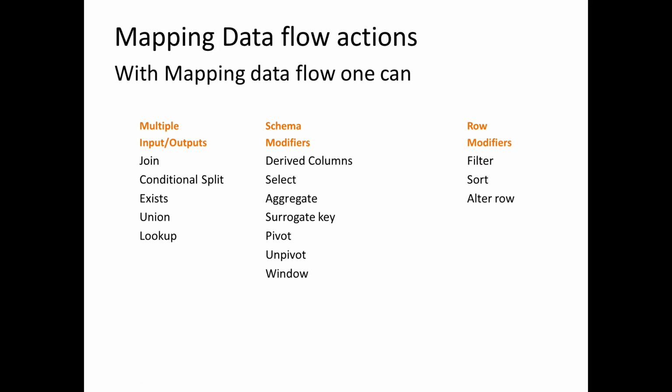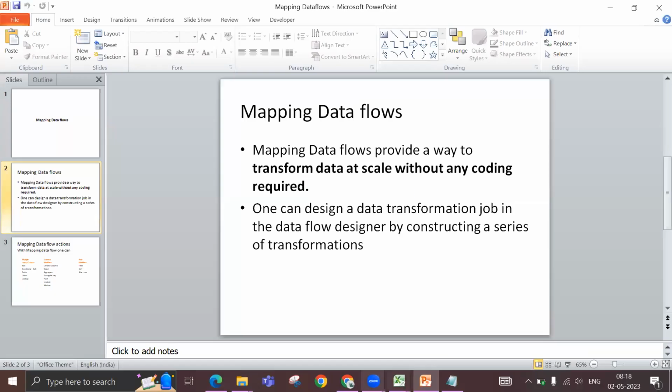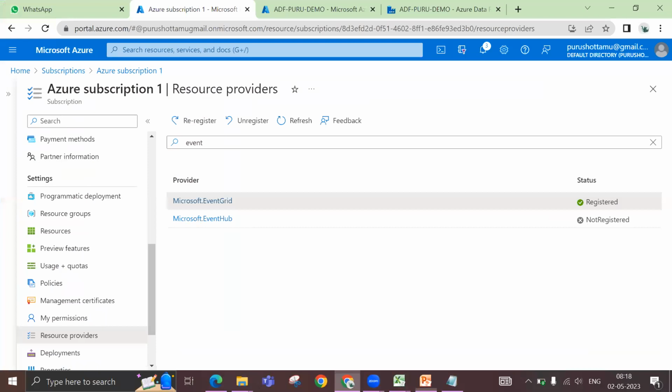All of these filtering, sorting, and altering of records can be done through these actions provided by mapping data flow. All right, so let's do a quick exercise on that. Let me go to my Azure Data Factory.